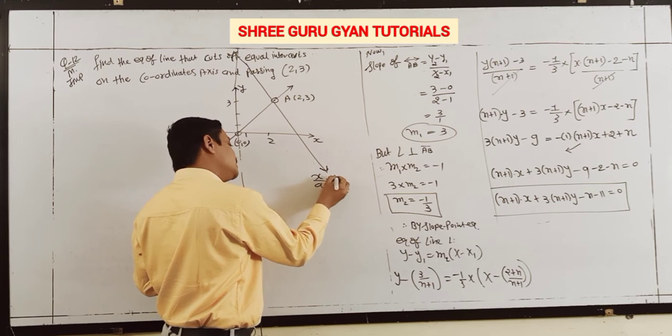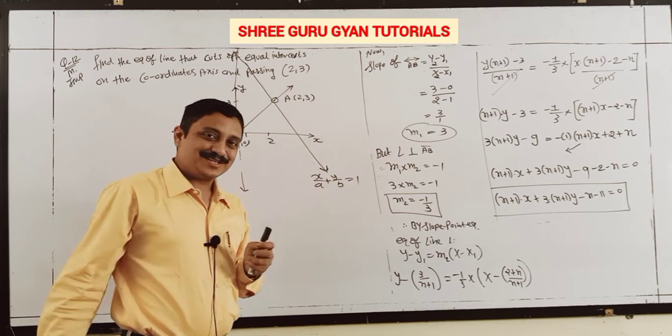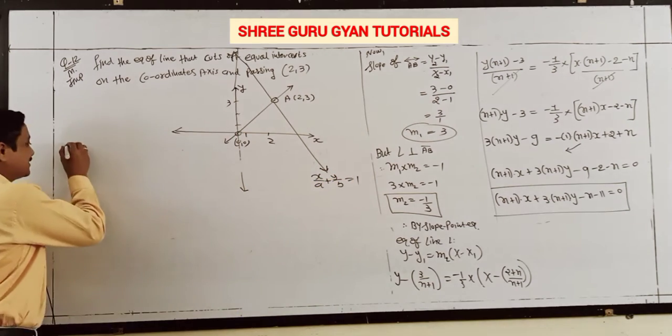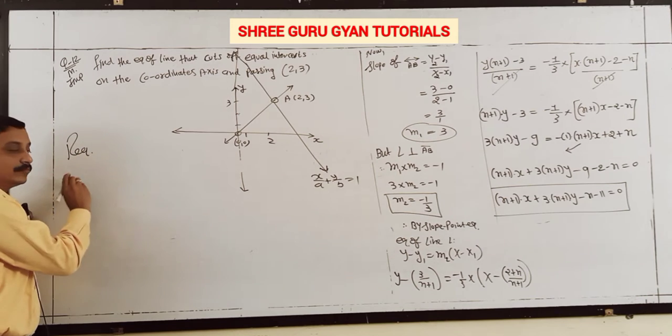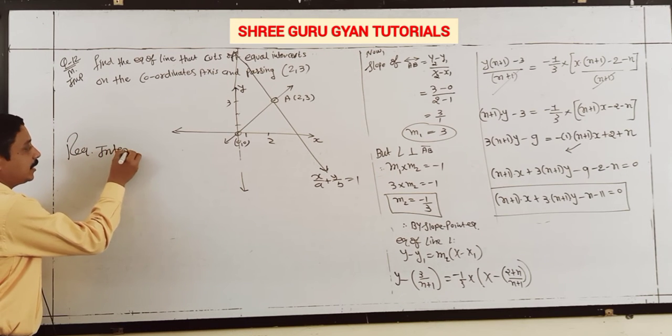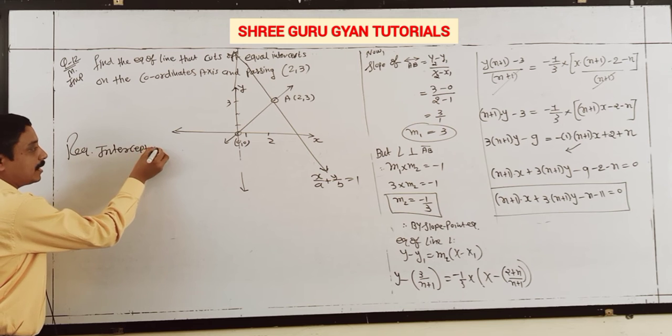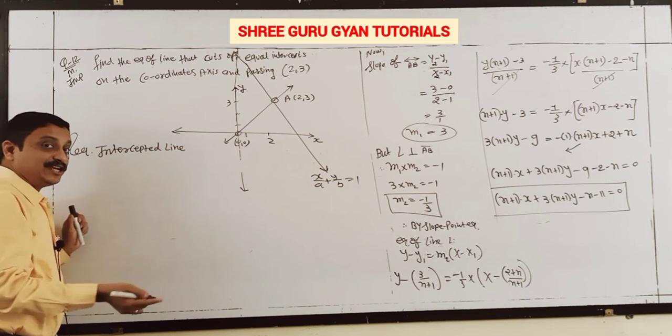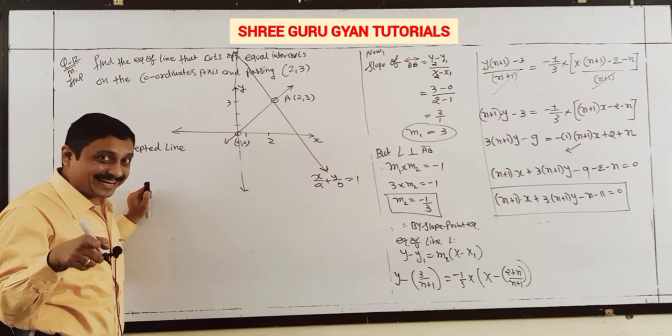x by a plus y by b is equal to 1. Yes. So the required intercept line. Students, again I tell you, intercepted, not intersected.